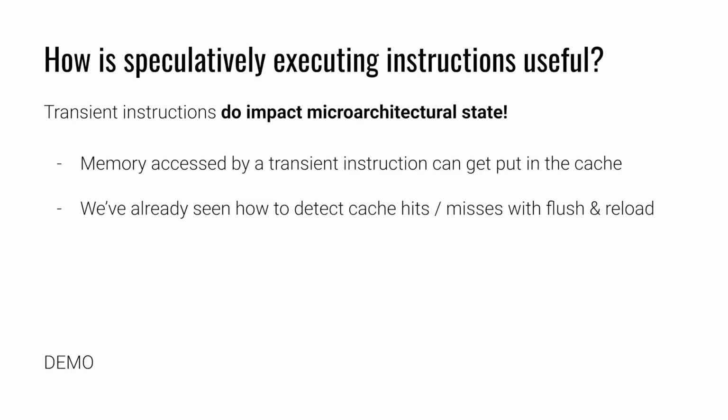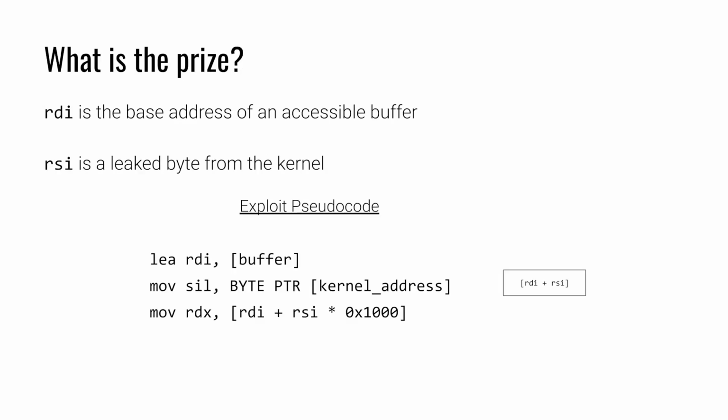Now, we've already seen how to detect cache hits and misses using flush and reload. So what's different here with Meltdown? Well, Meltdown is placing the value in the cache via transient instructions. We aren't ever accessing this buffer or any index into it in a line of assembly that is concretely getting executed.